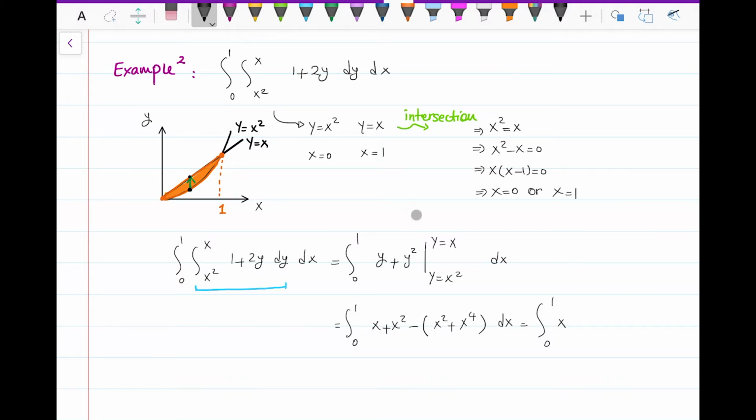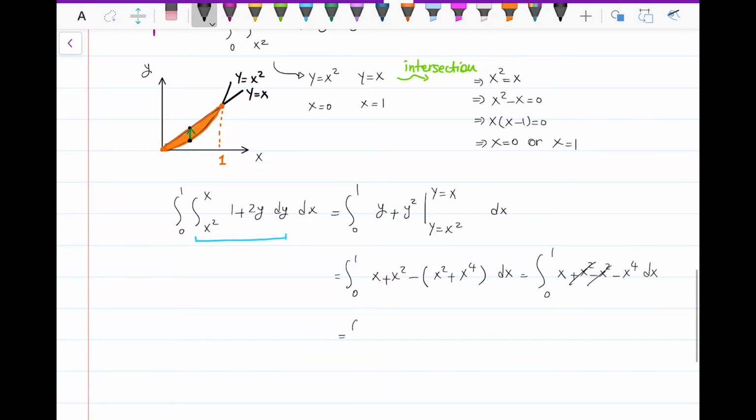It would be x plus x squared minus x squared minus x to the 4 dx. These two would be canceled. So I get the integral from 0 to 1 of x minus x to the 4 dx. It would be x squared over 2 minus x to the 5 over 5, from x equals 0 to x equals 1.